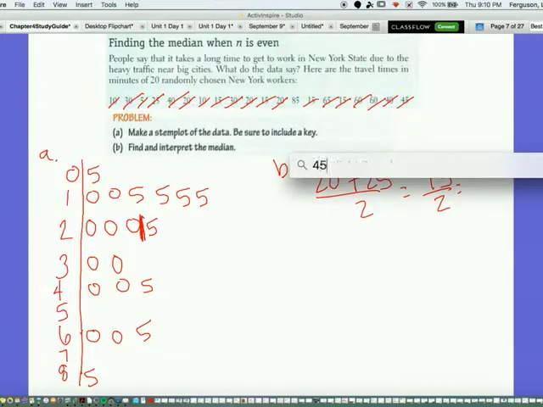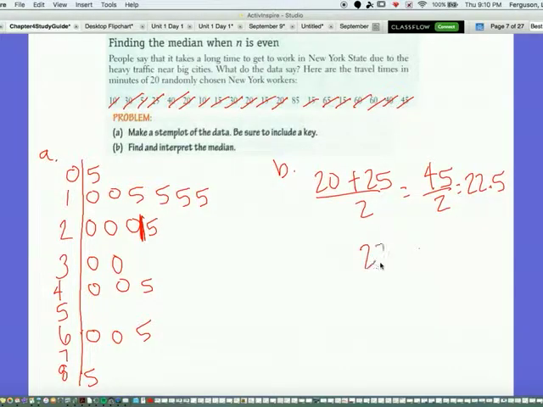And so you could say 45 divided by 2 gives me 22 and a half. So I could find out that my median is 22 and a half minutes. Also, just for sake of notation, median we represent as a capital M.